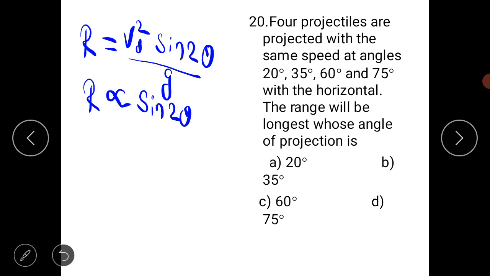Clearly the range is longest whose angle of projection is 35 degree.